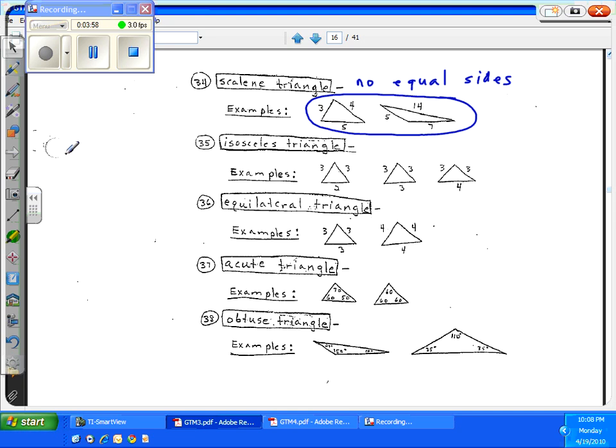An isosceles triangle might remind you of an icicle hanging off of a roof. Might not, but it might. An isosceles triangle is a triangle that has at least, and that's an important part of this, at least 2 equal sides.